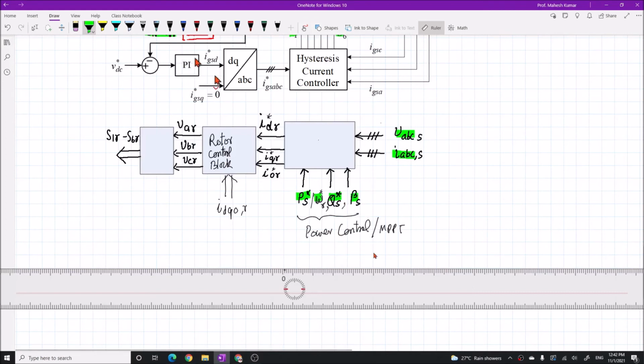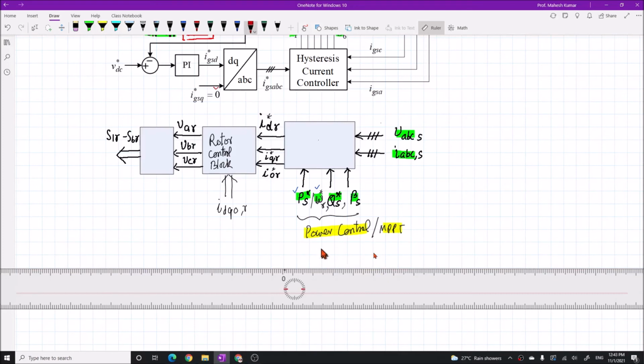I have shown this slash here. That means either we can take the power control or we can take the omega r control, because one implies the other. These reference quantities come from the power control scheme or MPPT scheme.